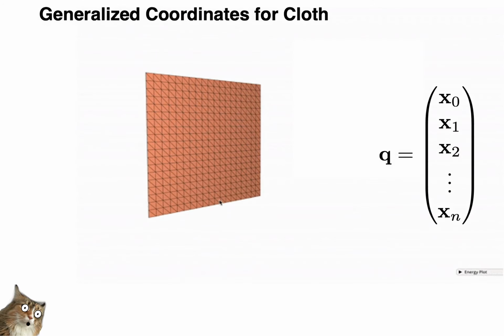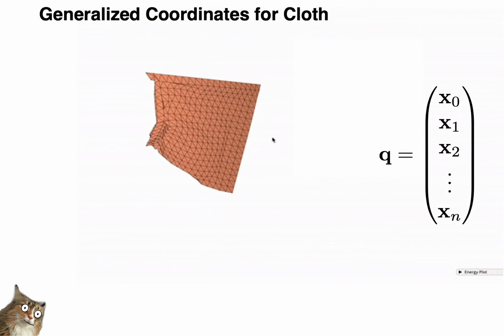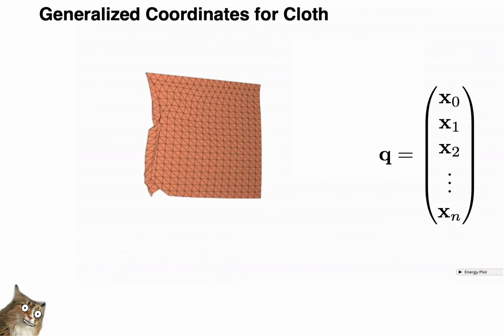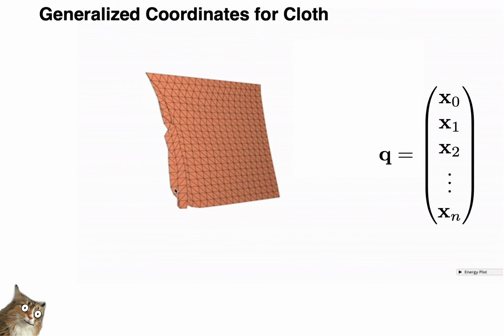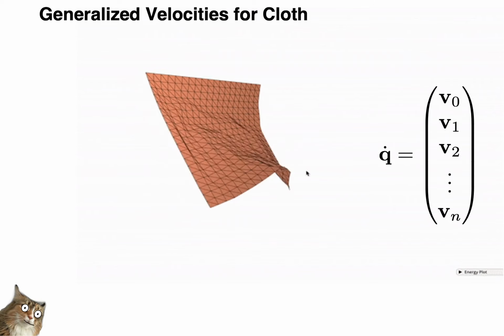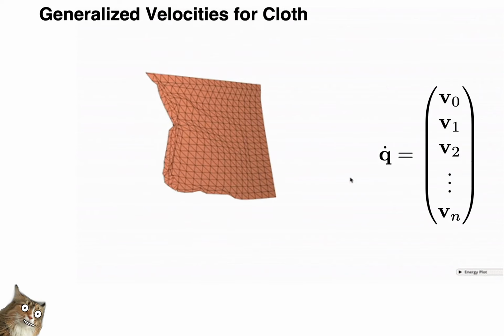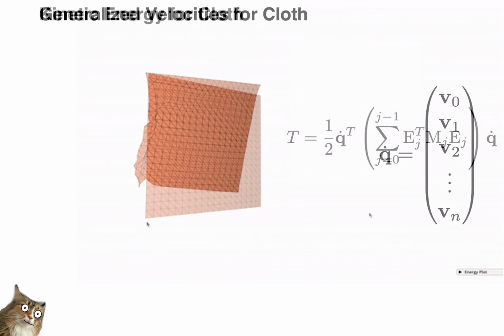For that, we need the generalized coordinate of our cloth. And again, we will use a stacked vector of per-vertex world space positions for this. Similarly, our generalized velocity will be the stacked vector of per-vertex velocities.